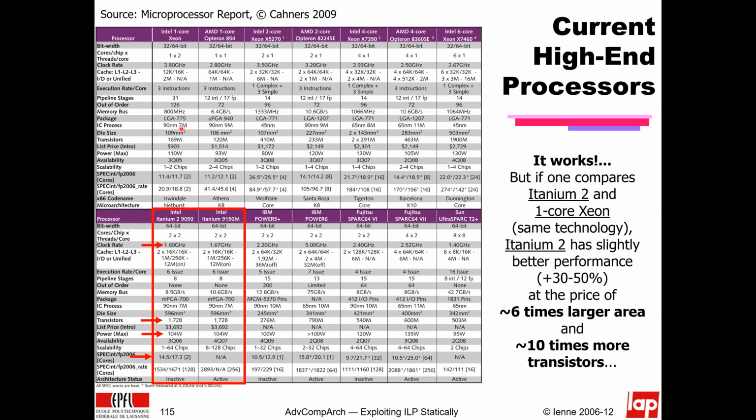Here you have 170 million transistors to realize this processor that has this kind of performance. Here you need 1.72 billion transistors. Now you see the difference, right? The difference is not little, it's not a small difference.